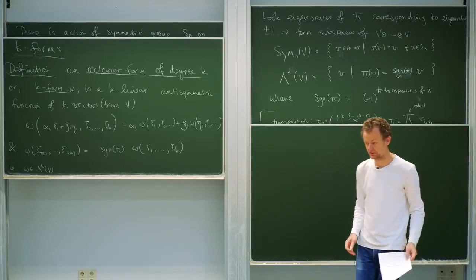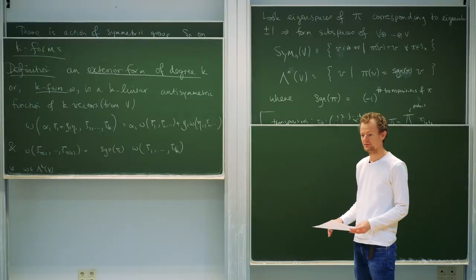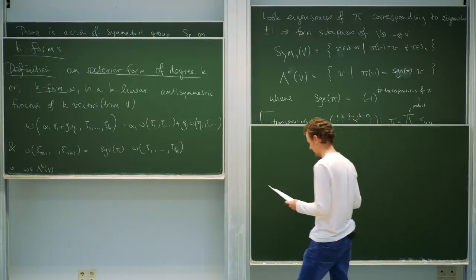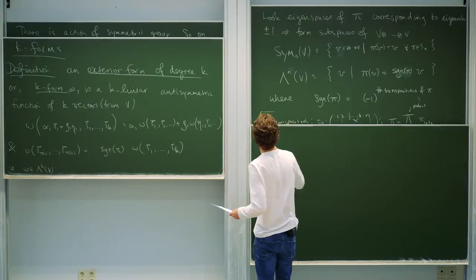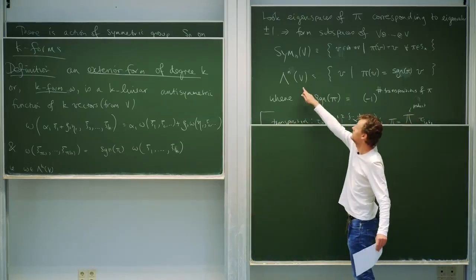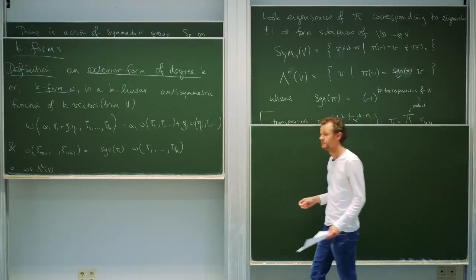The maths is the same, but the applications are wildly different. Now I'll show you a neat trick of how to build these subspaces, Sym N V and wedge N V.